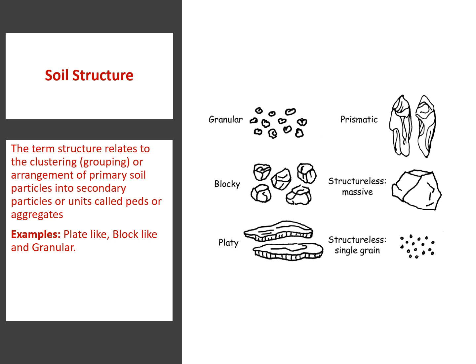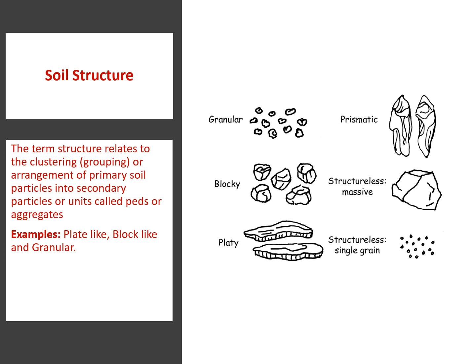So that is also not a structure. Both these conditions, the single grain or the massive, are structureless, which are of course not healthy for crop production.